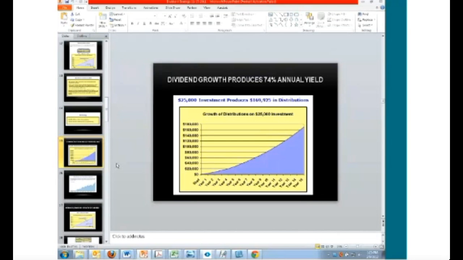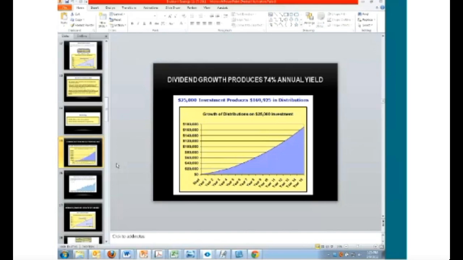And I just wanted to look at one MLP I've owned for a long time, Kinder Morgan Partners, and they have a long history of consistently raising their distributions.